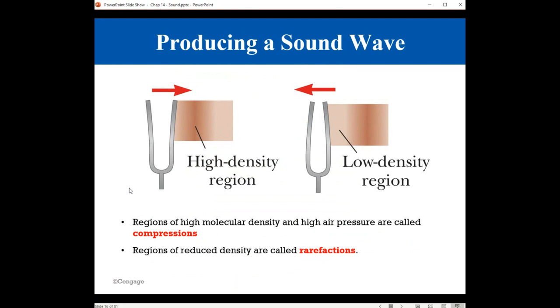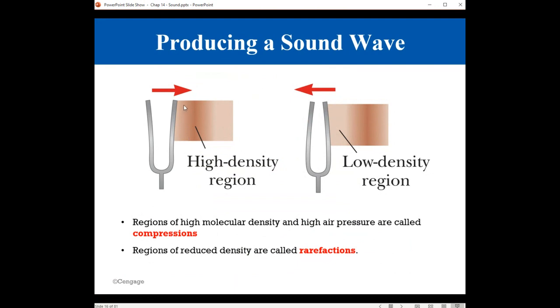In order to understand the mechanism of sound waves, let us consider this tuning fork. If you knock the tuning fork here, the end of the fork will start vibrating, trying to come back to its original position. As it vibrates, it acts on the air molecules in this region.